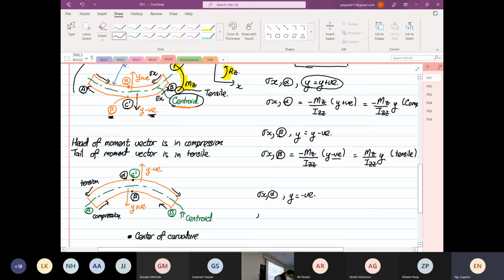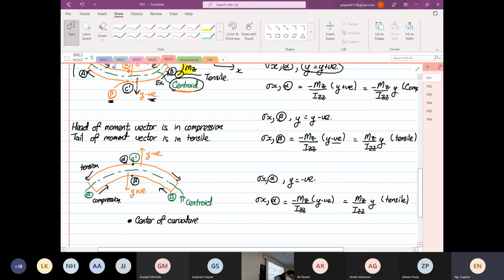So now when you find stress x at point alpha, this is equal to minus Mz over Izz, y now becomes negative, right? So this will become positive Mz over Izz multiplied by y, and we know that it is tensile. And then we're going to find stress x at point beta.